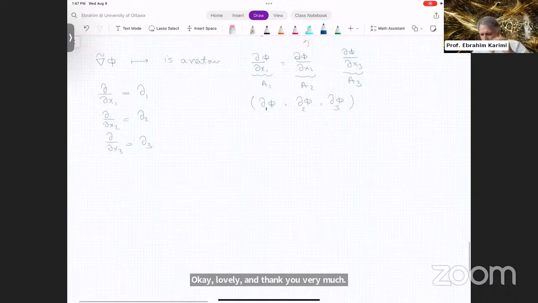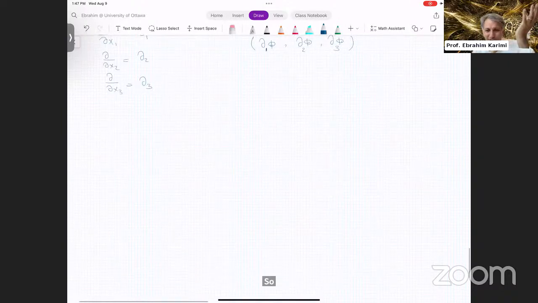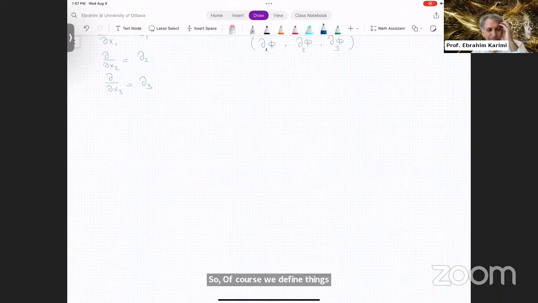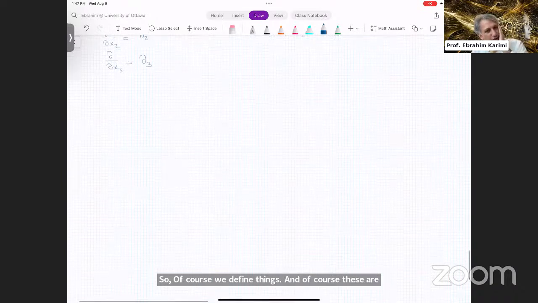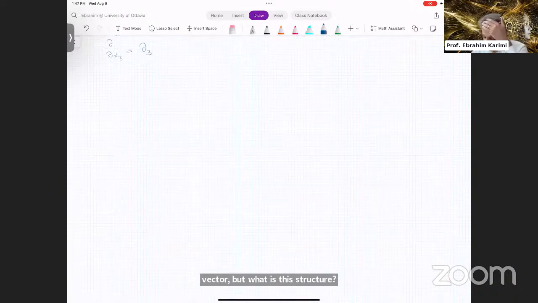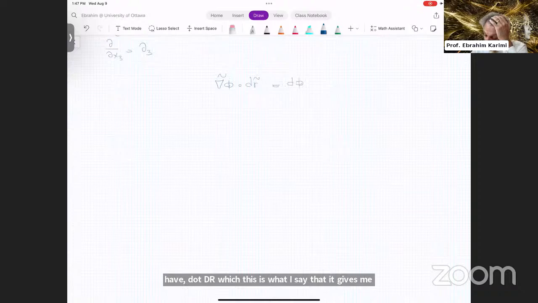Of course we define things, and of course this is a vector, but what is this vector? Look at the definition of that. Assuming that I have gradient of phi dot dr, which gives me the infinitely small value of d phi.